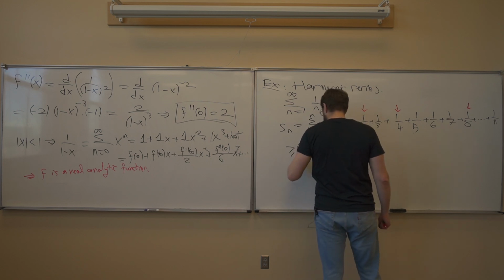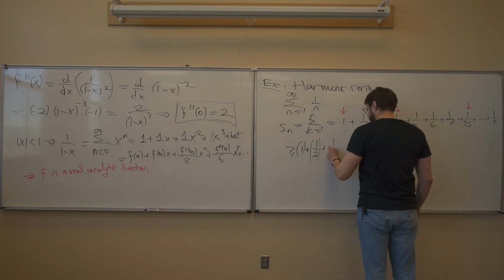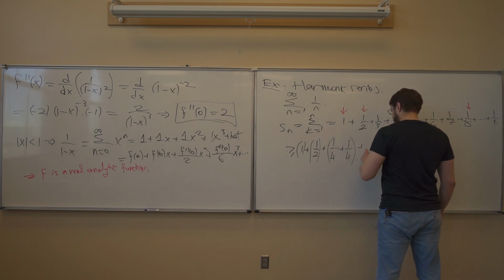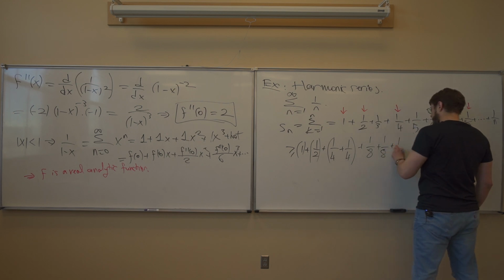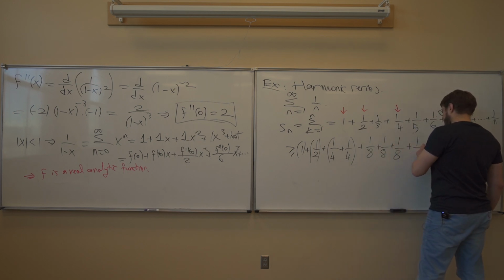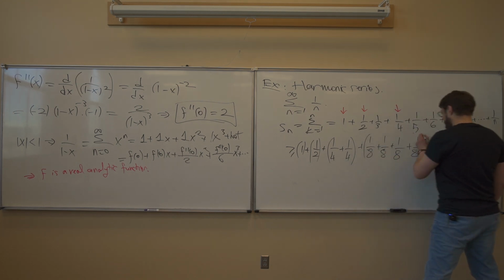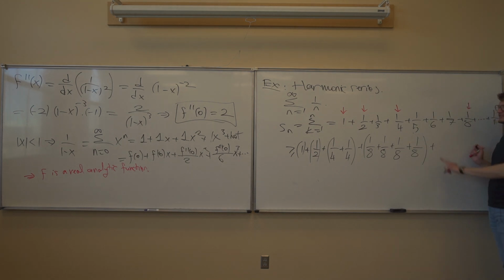And I'm going to collect these terms like this. And then, for instance, the next terms, I'm going to switch with 1 over 16, and then 1 over 32, and so on.